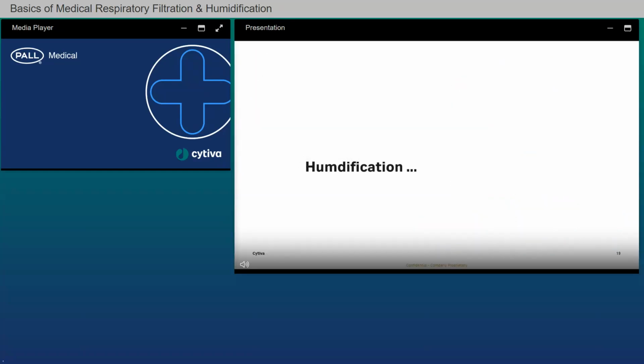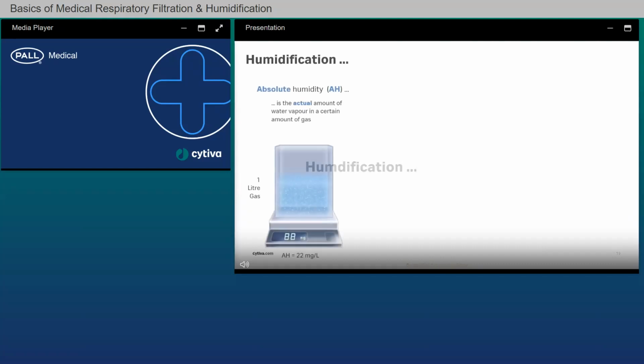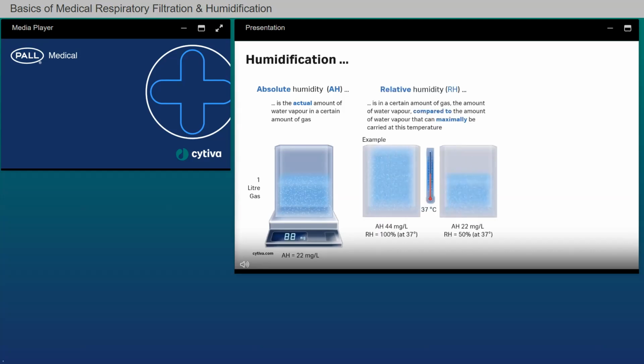Now let's jump into the subject of humidification. A few basics. Absolute humidity is the actual amount of water vapor in the air. Relative humidity is a percentage of water vapor in the air compared to the absolute amount that could be held in the air at a certain temperature.